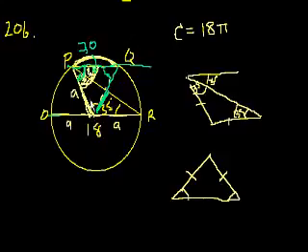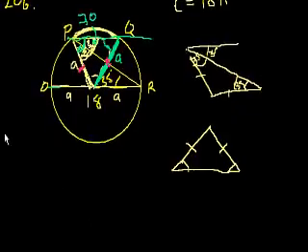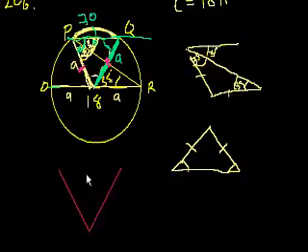Well, I'm going to use the same argument. This line right here is a radius of the circle, right? So this side right here is also 9. So if we know that this side is equal to this side, let me draw the triangle that I'm talking about now, because I think this is an important problem. I'm trying to figure out the value of this upside down triangle.